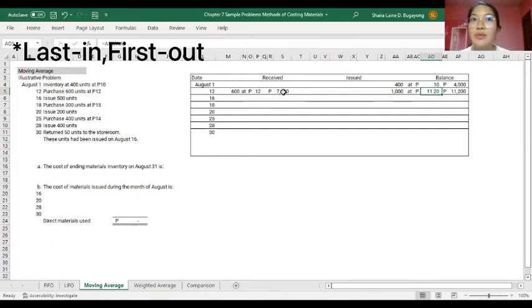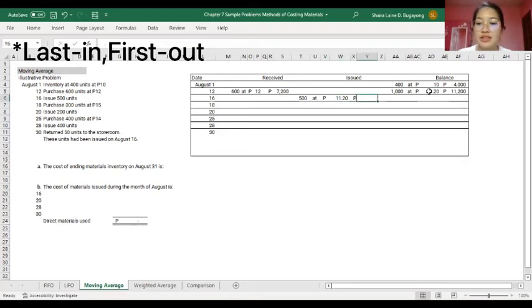And this will be our unit cost sa pag-issuance na din sa materials. Okay, so on August 16, kani, nag-issue tag 500 units at kanina dayon unit cost will be kaning 11.20.